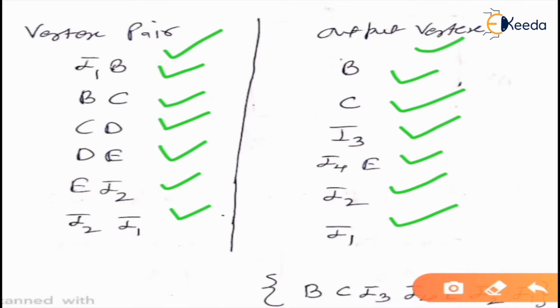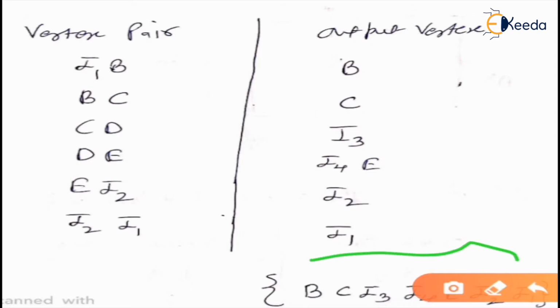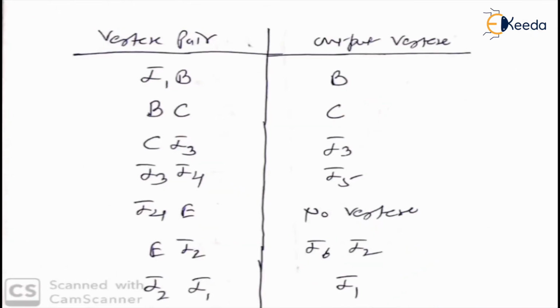So after performing this from the right side, we obtain these coordinates. Now we do the bottom side. This time we are interested in clipping this line and this line. Again we draw two attributes, vertex pair and output vertices.